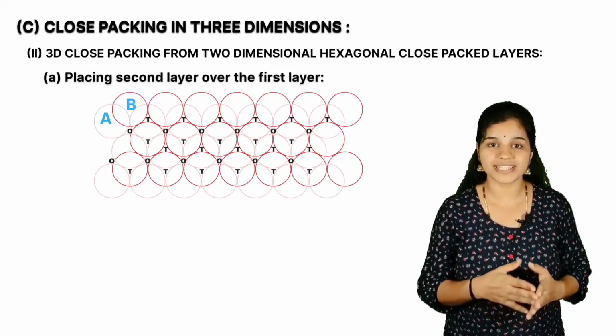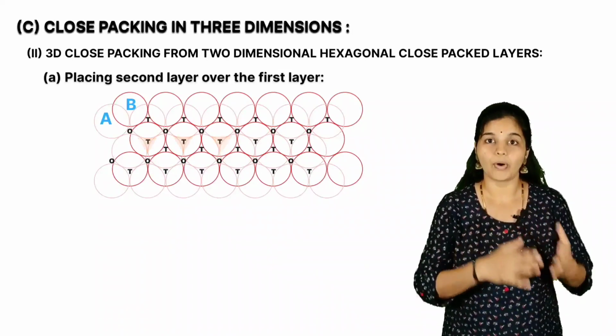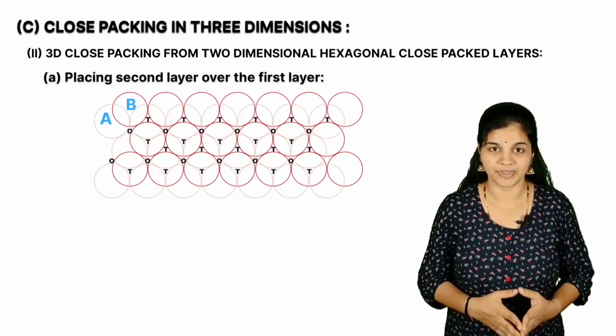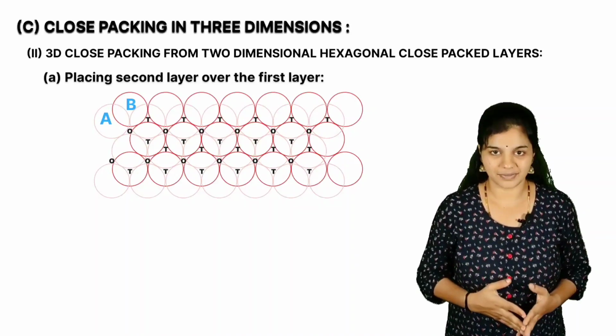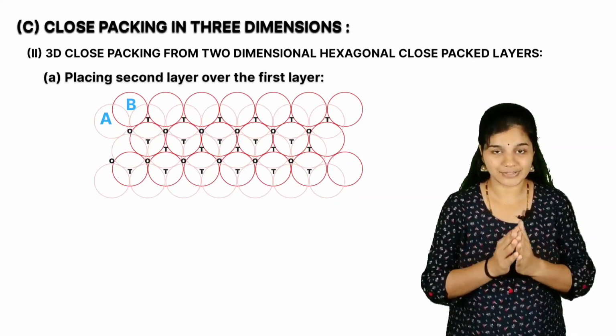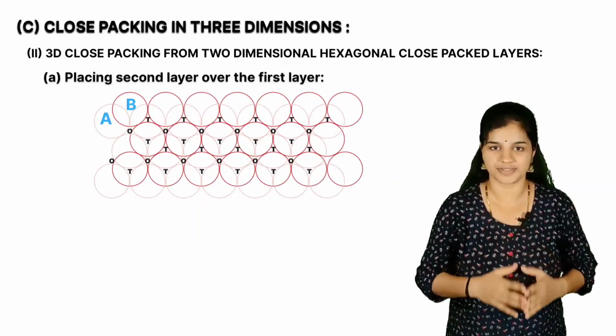Wherever a sphere of the second layer is above the void of the first layer, or vice versa, a tetrahedral void is formed. Why is the name tetrahedral? It is because a tetrahedron is formed if we join the centers of the four spheres.